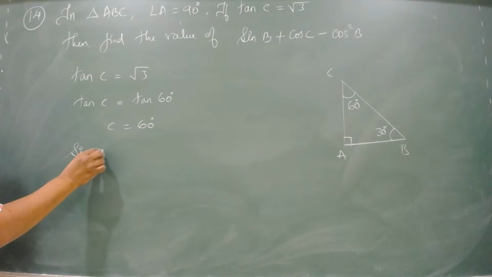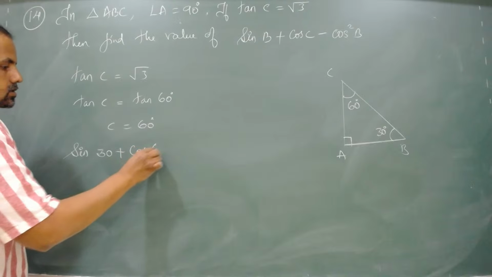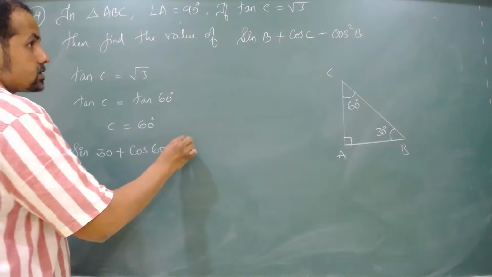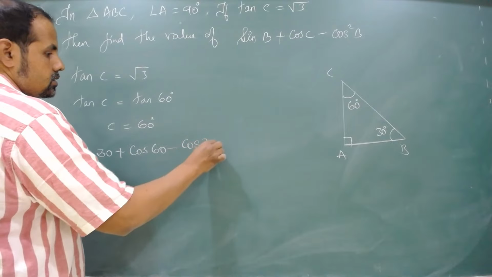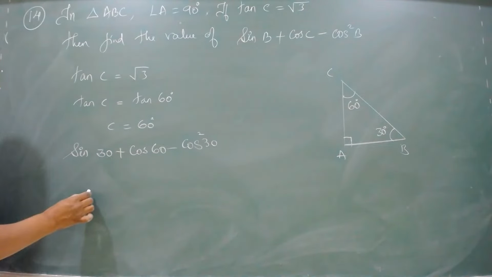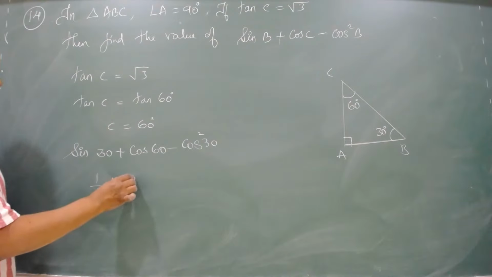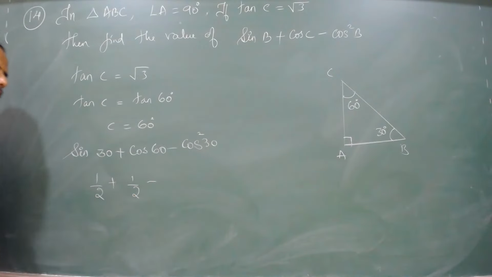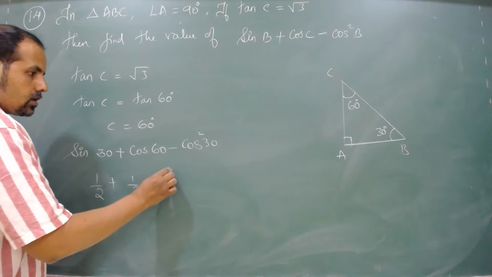Sin B is sin 30, cos 60 minus cos B, that is sin 30 is 1 by 2, plus cos 60 is 1 by 2, minus cos square 30.